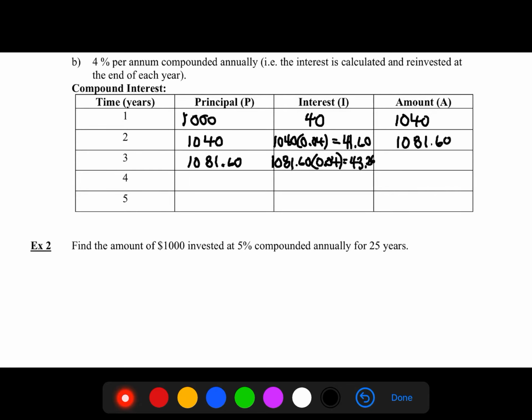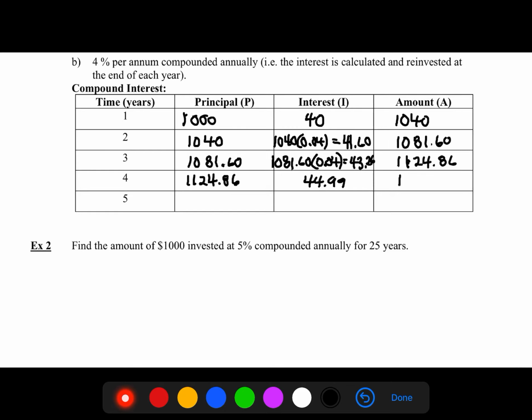Again, 1,081.60 times 0.04 means that we get $43.26 added into the account. Adding that into our amount, that means we have $1,124.86.